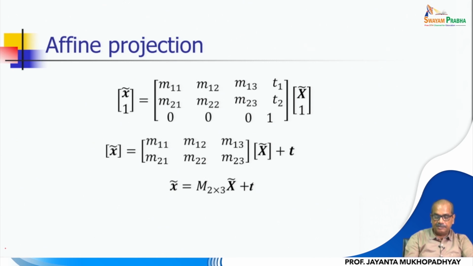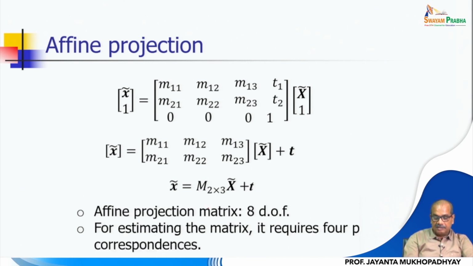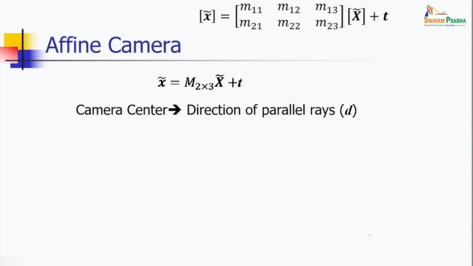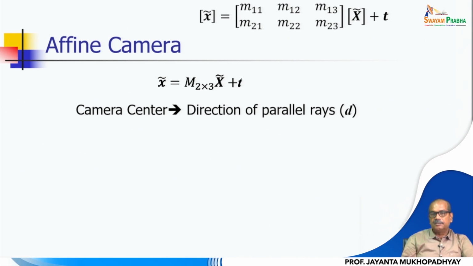As you can see, I have used a 2 cross 3 matrix. So since affine projection matrices have 8 degrees of freedom, we require minimum 4 point correspondences to solve this problem. But naturally, for a robust computation, you can have more number of points, and so we will see that computation a bit later. First, let me talk about this camera center.